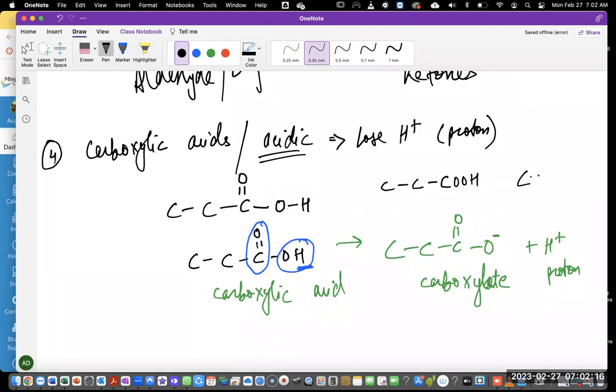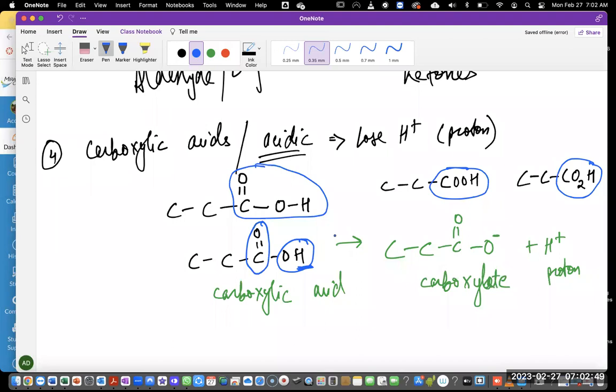Or you can condense it further, and sometimes you will see it written like this: instead of writing O twice, you write O2 and then H. All of these are very common ways to show carboxylic acid: COOH, CO2H, drawing it out like this, or writing OH condensed without showing that bond.